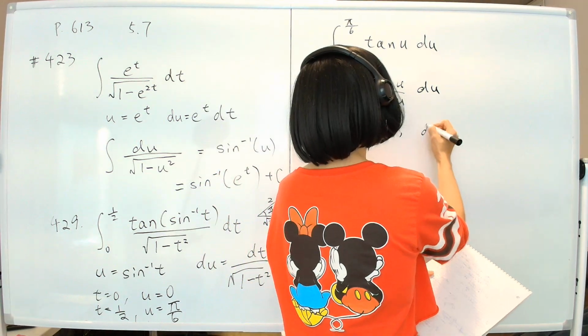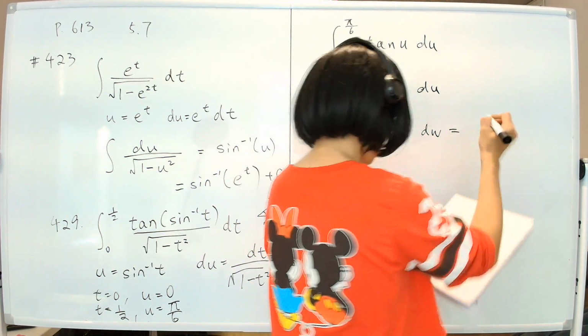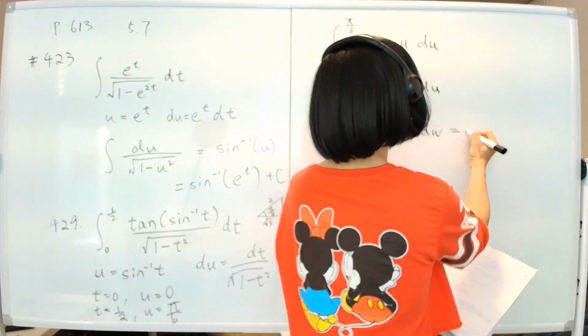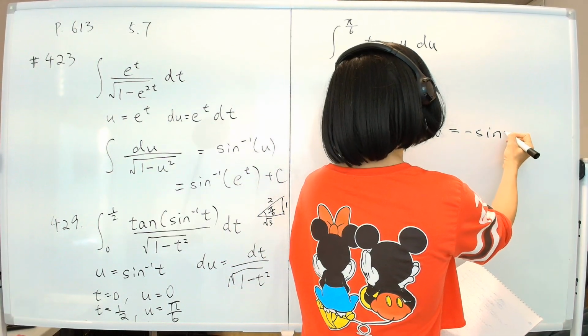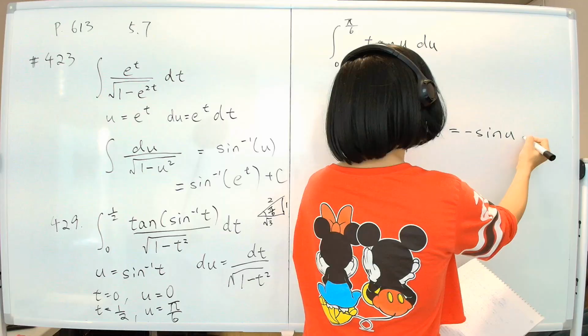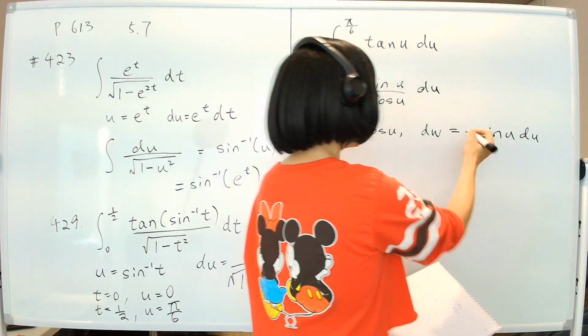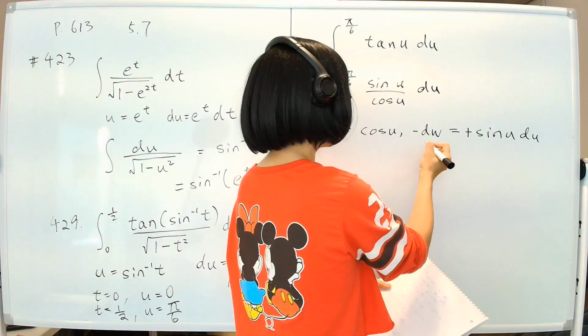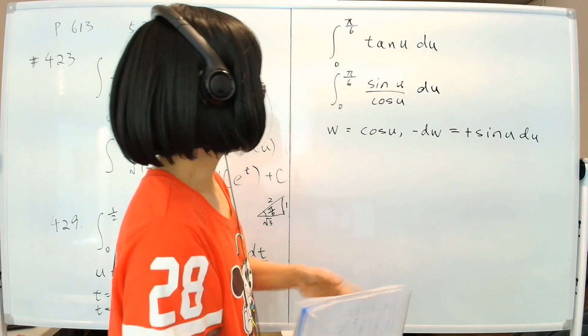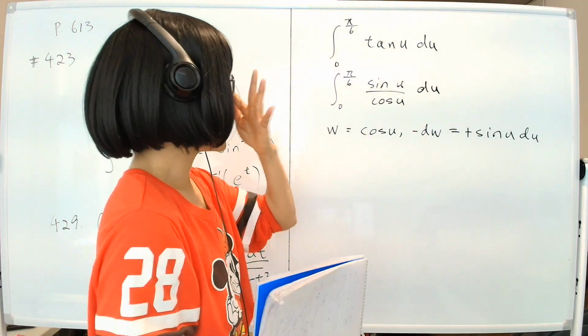So then dw equals minus, derivative of cosine is minus sine, so minus sine u du. And then we'll write the negative sign over here. So negative dw is positive sine u du.